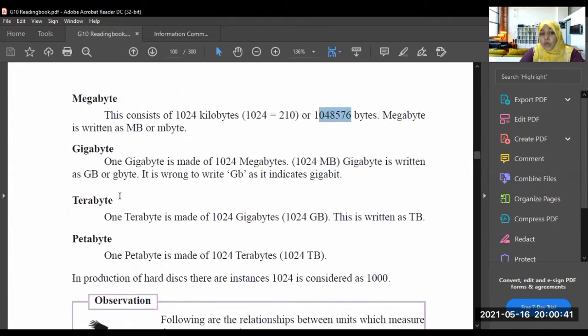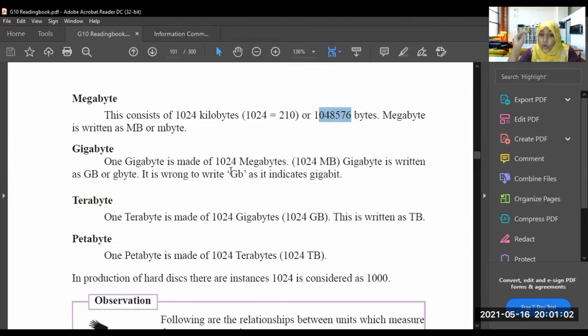Gigabyte, 1 GB, or you have used GBs. 1 gigabyte is made of 1024 megabytes. So 1 GB is equal to 1024 megabytes. A gigabyte is written as GB or G byte.